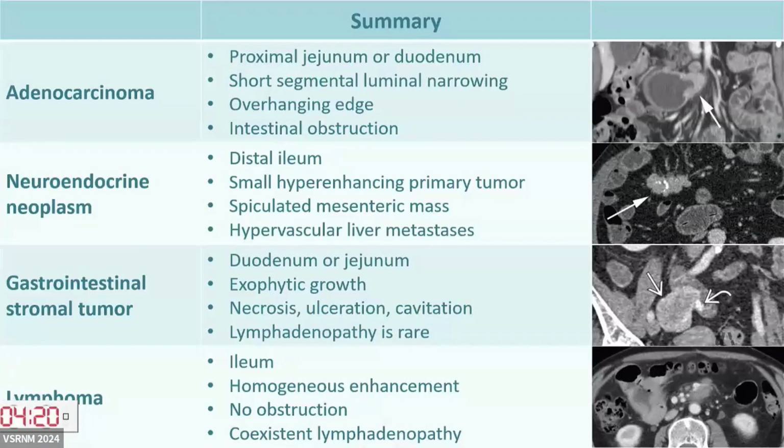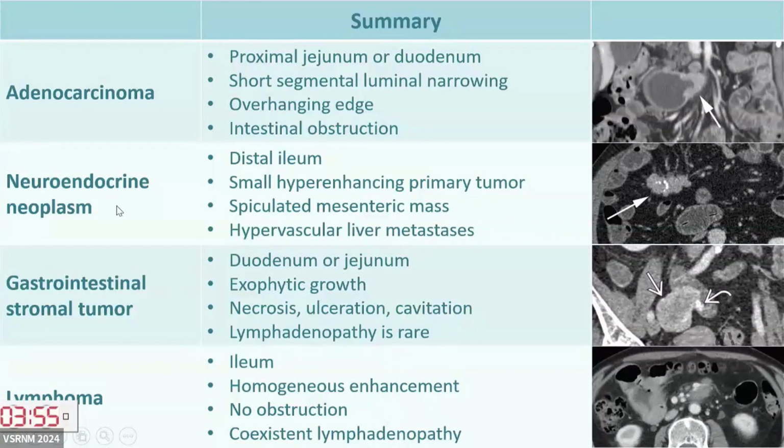So here is the summary of the common malignant small bowel tumors. Adenocarcinomas arise in the proximal jejunum or duodenum. They appear as a short segmental luminal narrowing, typically with an overhanging edge, and often cause intestinal obstruction.